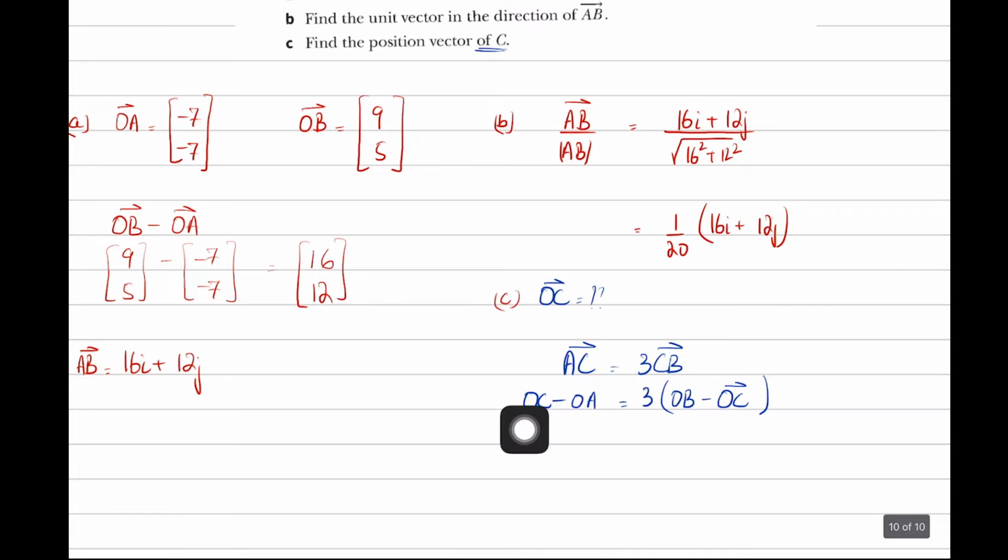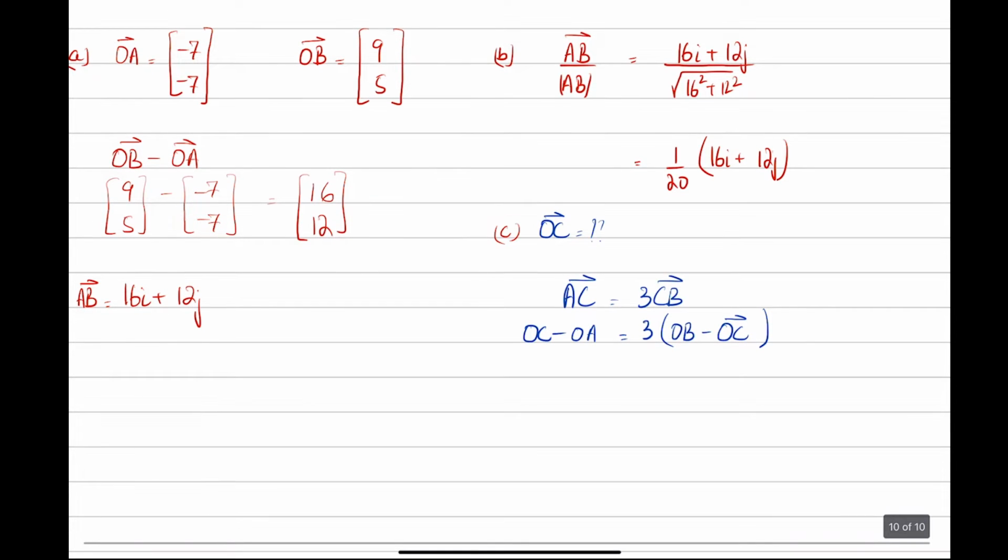Now, bear in mind that what we have to find is OC. And this makes life easy. Why? Because we have OA and we have OB. So all we have to do now is get all the OCs on one side, whatever we have to do, not cross multiply, but expand, simplify, and then let's see what we're left with. So let's do just that.